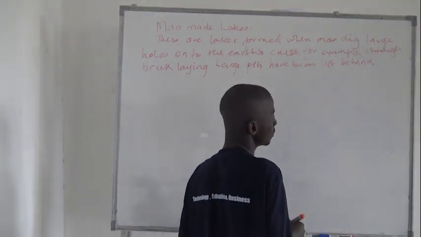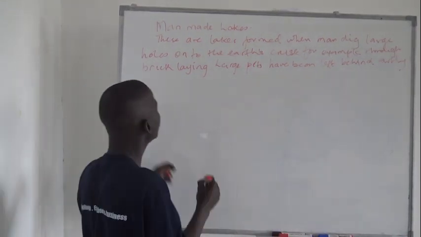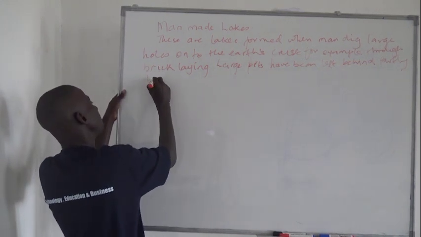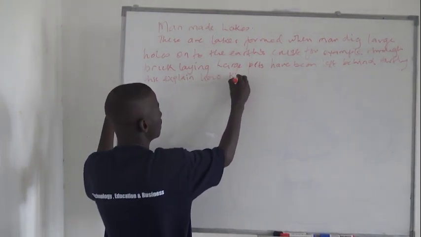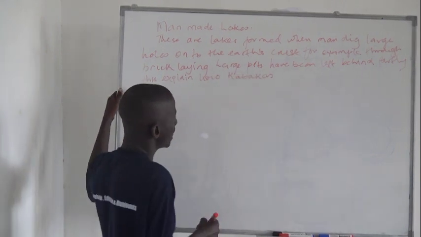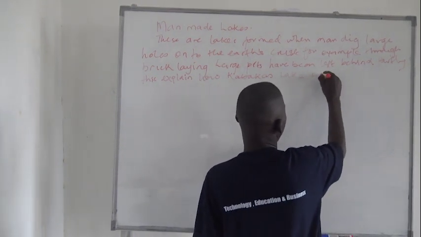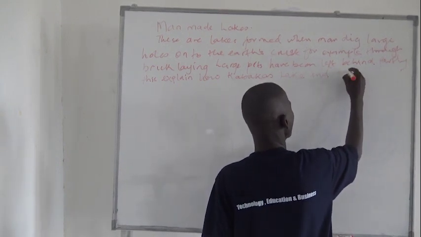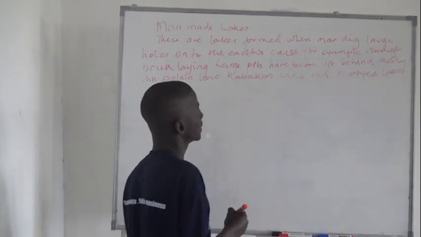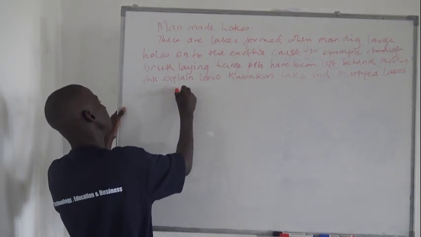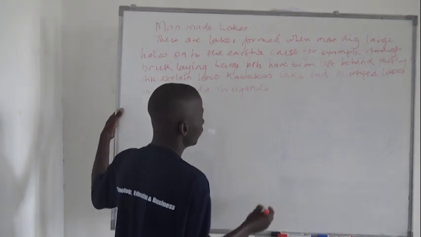And we are told that partly this explains how Kabaka's Lake and Mata's Lake in Uganda were formed.